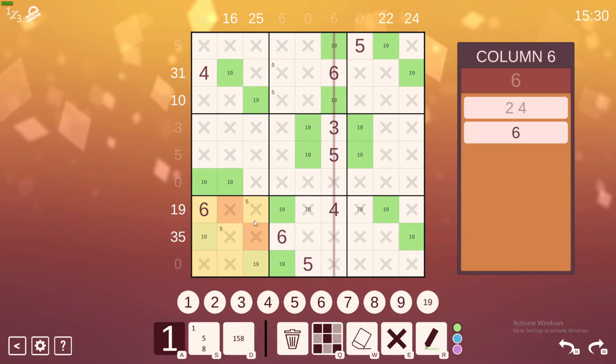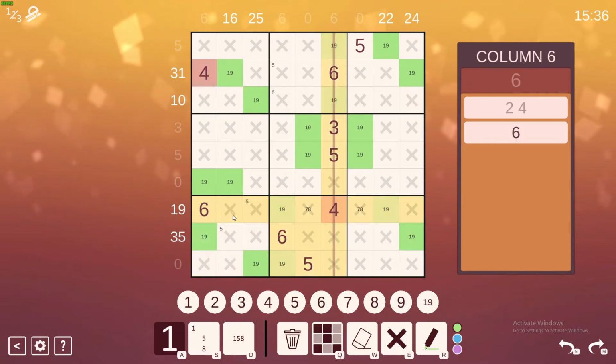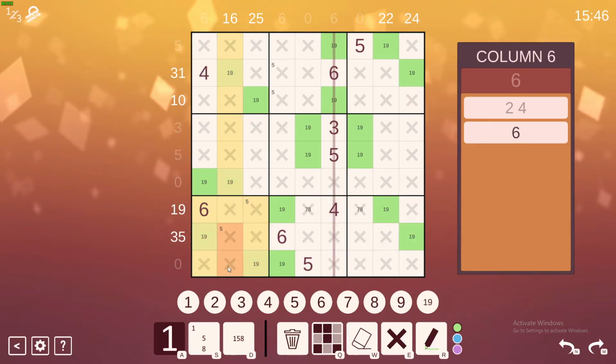It would get rid of it, make no possible places to put a 5 here. So we have a 4, we cannot place it in those or that one. We have a 4 up here saying we can't place it in that one. So we must place a 4 in one of these two, and that helps us out.